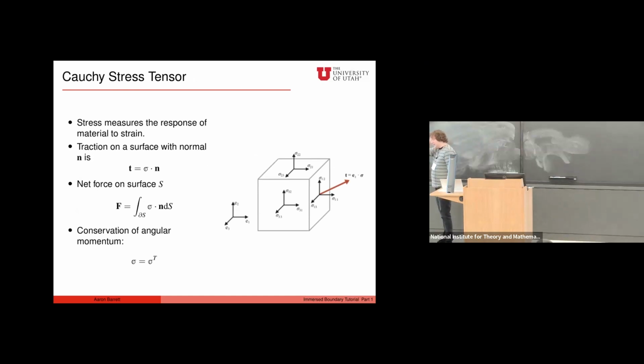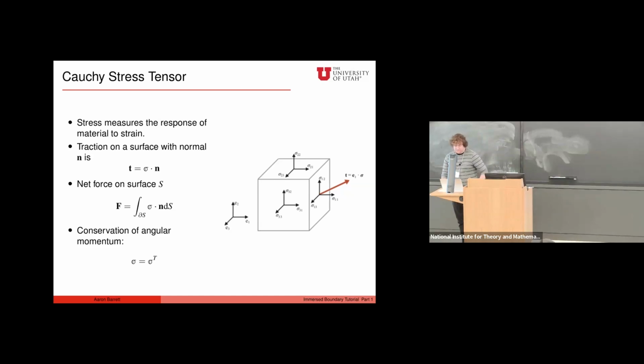We also need to talk about how materials respond to strain. So we can measure strain using our deformation gradient, but how that material responds to strain is what we call the stress. And so we can compute a force on a surface, or the traction, by taking the stress and dotting it with a normal.